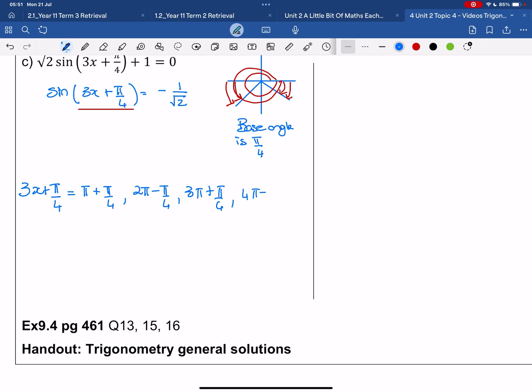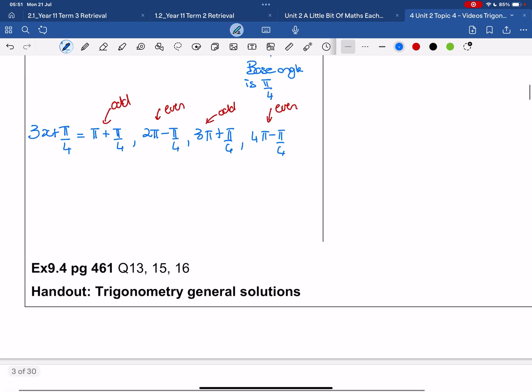4 pi minus pi on 4, and we can see we've again got this odd, even, odd, even pattern developing. And to get an odd number, I'm going to say 2n plus 1 times pi, and even numbers are 2n times pi.